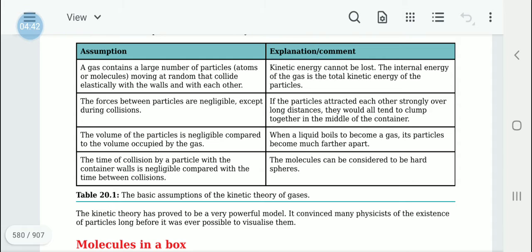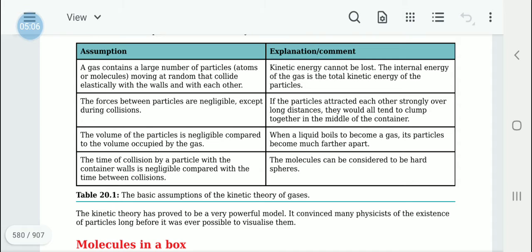So this is an assumption, and the assumption is explained in this manner, right? You might feel that there might be some loss of energy, but that is the reason why we assume these things to be this way. The kinetic energy is not lost. The internal energy is the total kinetic energy of the particles, right?